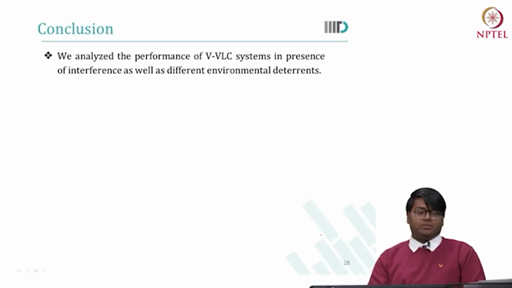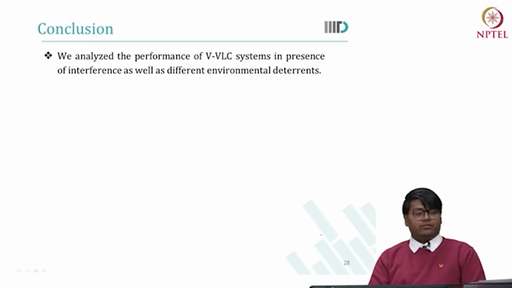So finally, in this module, we analyzed the performance of vehicular VLC system in presence of interference as well as different environmental conditions. We concluded that irrespective of any traffic scenario, the performance of vehicular VLC communication under normal atmospheric condition always outperforms vehicular radio frequency communication.